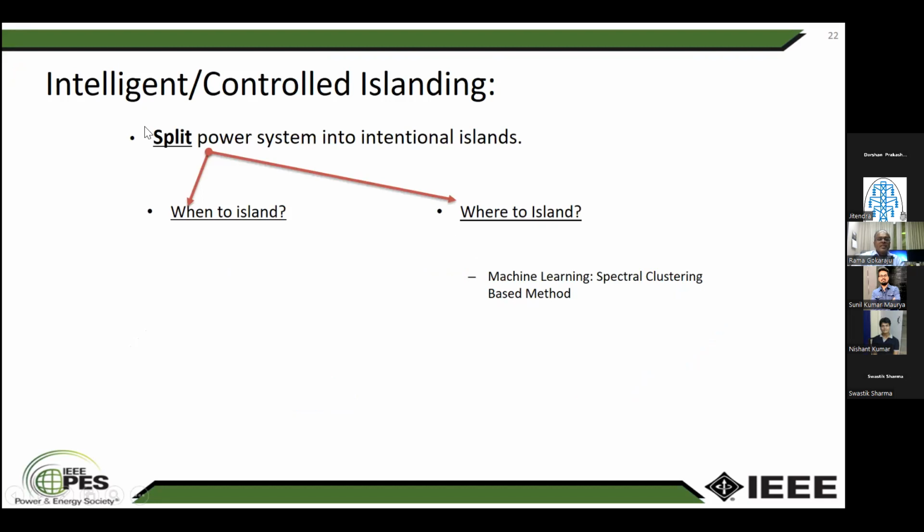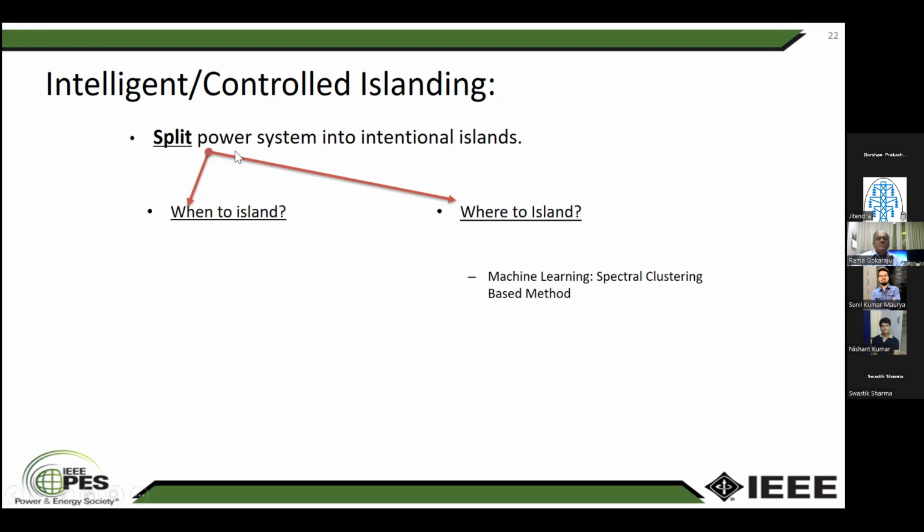So for intelligent islanding as a research and an implementation, if we do this one right, it has to be done first of all in an online fashion, and then if we can use some machine learning algorithms to handle the complex scenario, then we can do it in a quick fashion and in a more reliable fashion.